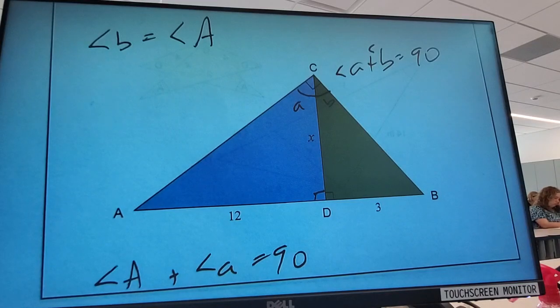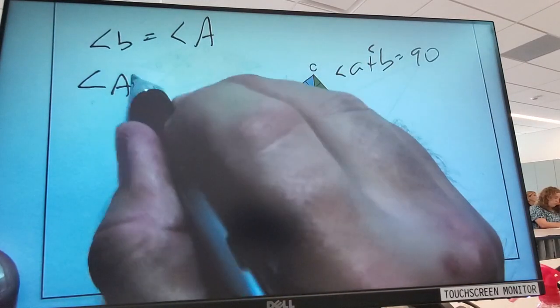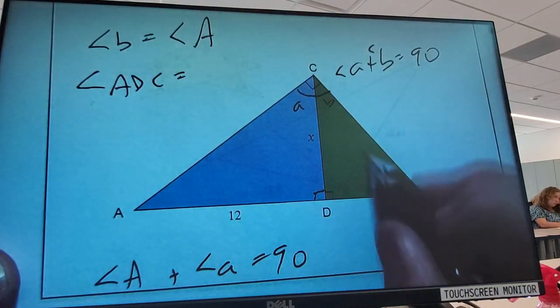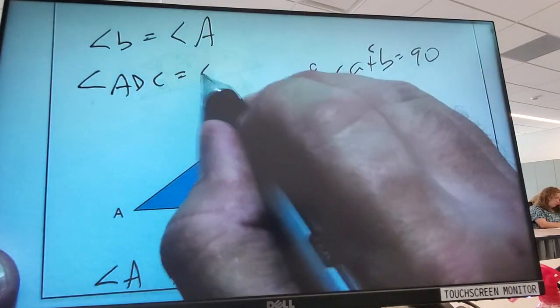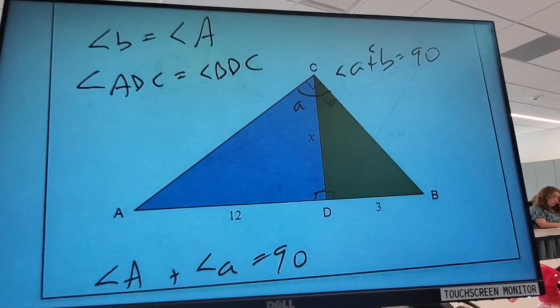We know that angle ADC equals angle BDC. We knew that from the beginning, right? Because that's 90, that must also be 90 to make this nice straight line. So this angle is the same as that angle.